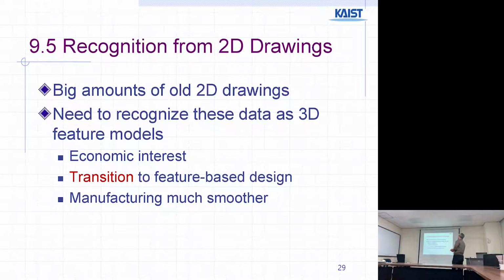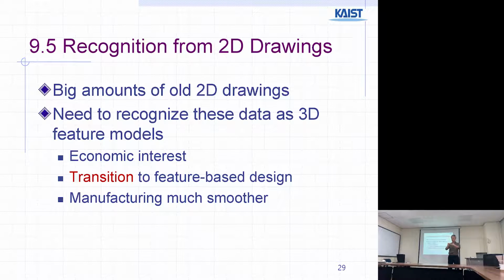And then I want to use 3D parametric feature-based CATIA nowadays. I don't want to play with 2D anymore. Then you need to convert them into 3D feature models. So you need to recognize this drawing, then you can convert, right?